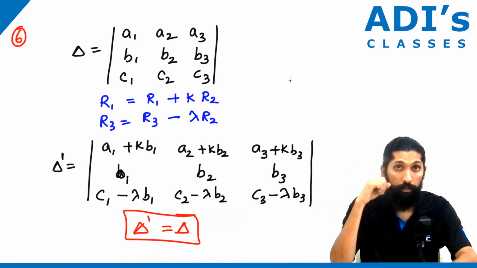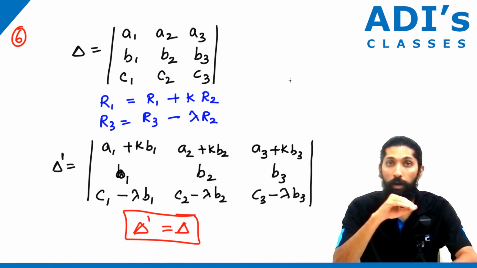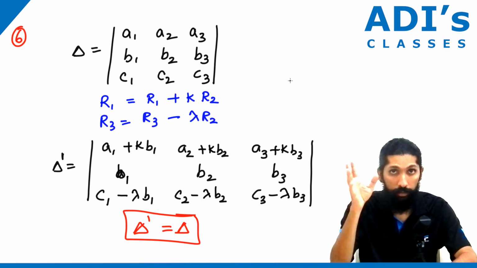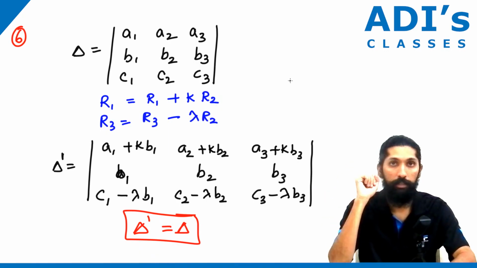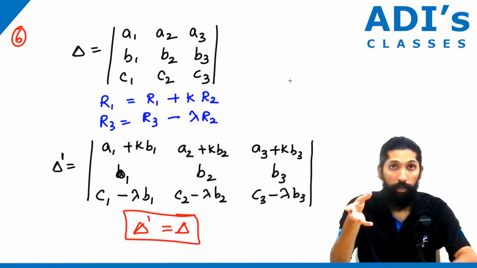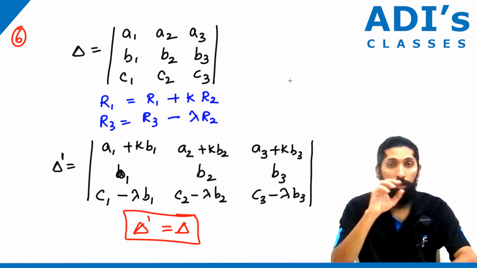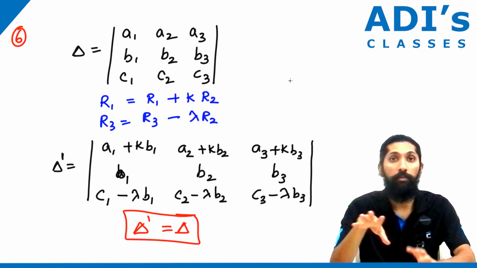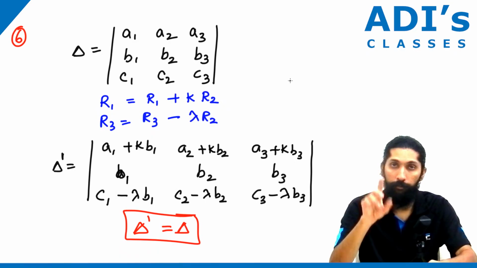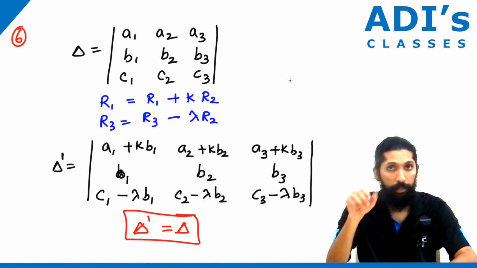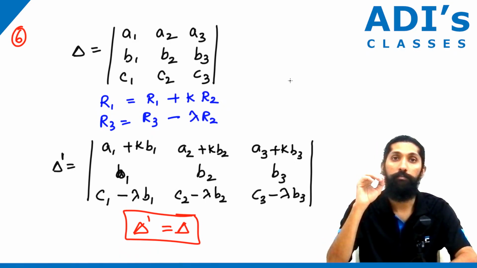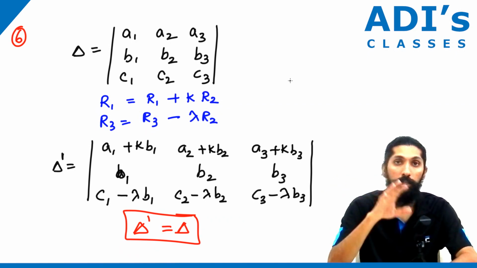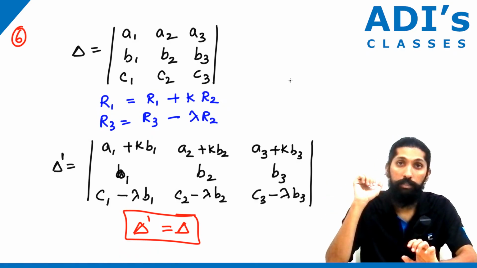Next, if a row or a column is multiplied by a constant, the whole determinant gets multiplied by the constant. The fifth one: if a row or column has the sum or difference of 2 elements, you can split the determinant. The sixth one: you can do elementary row and column transformations and the determinant remains the same. So these are the 6 properties.